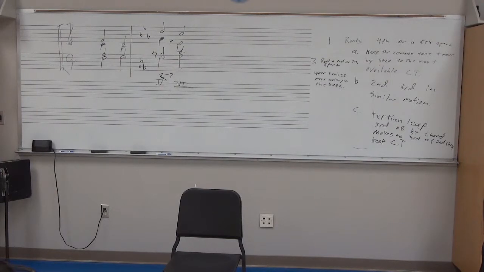Okay, so 7, 3. So what goes to 6? So when 3 goes to 6, we double the root because the goal of that progression is the root of 6, which is A. When we have deception, the goal is the tonic and the bass is deceiving us.